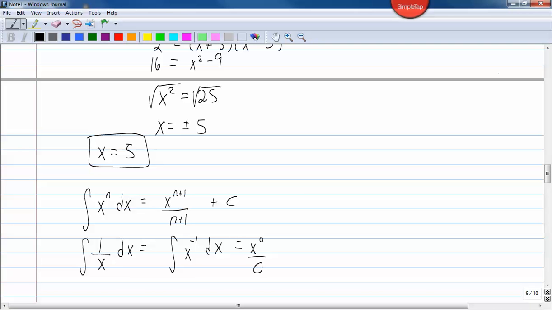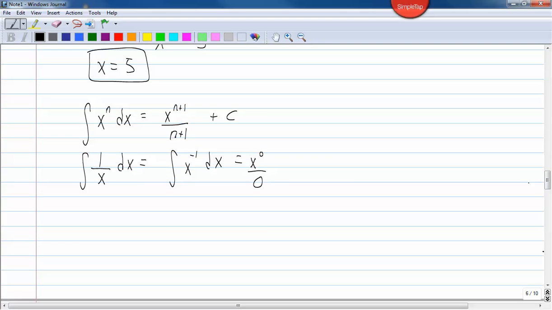Alright, so since I can't do that, there must be something else going on here. And there is. The integral of 1 over x dx is actually defined as the natural log of x.